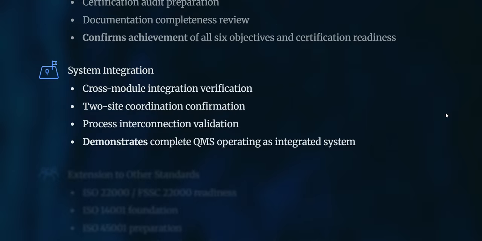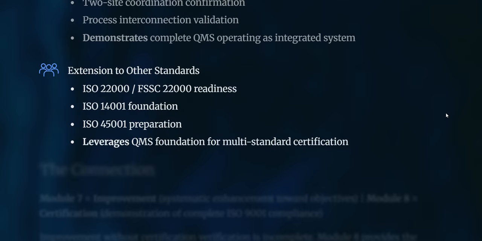Then we'll also cover system integration, which will consist of cross-module integration verification, two-site coordination confirmation, and process interconnection validation, which will demonstrate a complete quality management system operating as an integrated system.